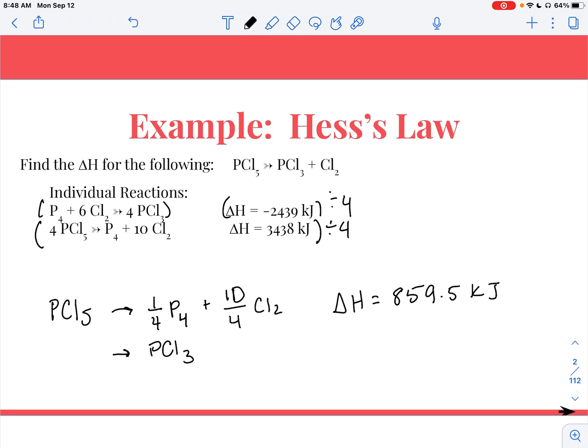So we're going to divide by 4, 1/4 P4 plus 6 over 4 Cl2. And again, you can reduce those fractions if that makes you uneasy. That is totally fine. You can also just wait till the end. And then we divide our delta H by 4.